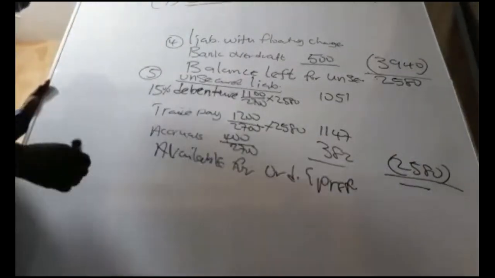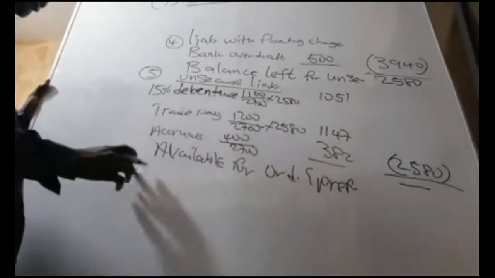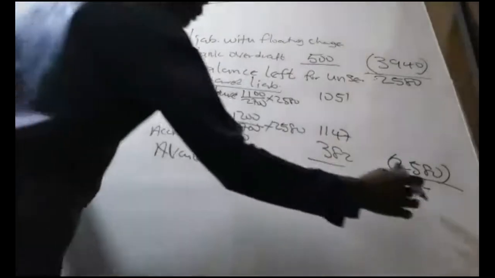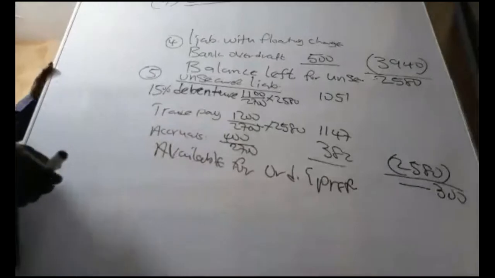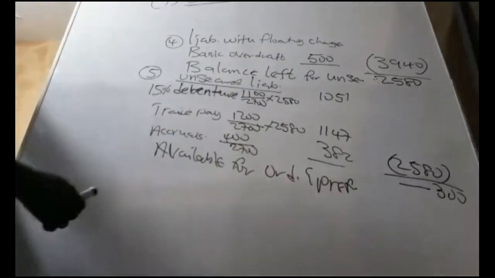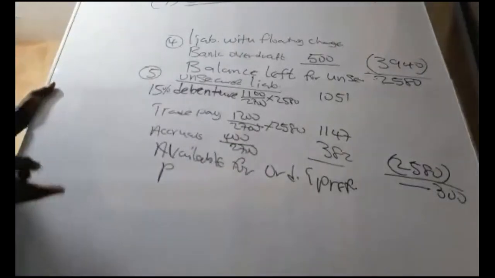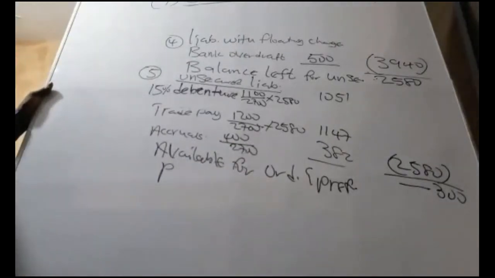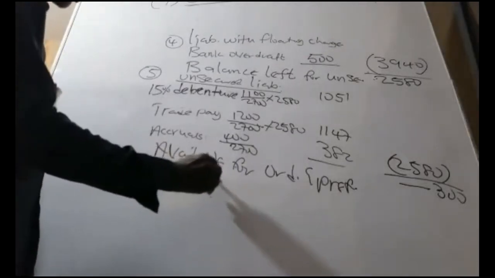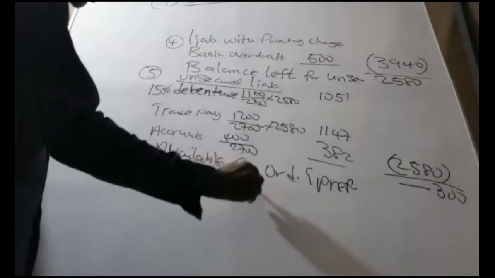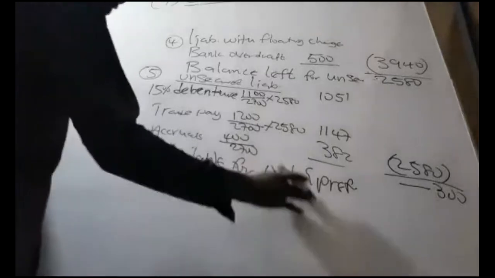Then right here, let's assume that there was money, maybe 300 Ghana cedis. That's what you're going to use to pay the preference and ordinary shareholders. We pay preference shareholders first before ordinary shareholders. So write preference shareholders, or preference shares.